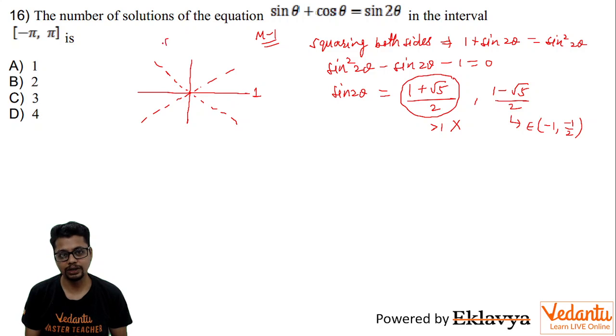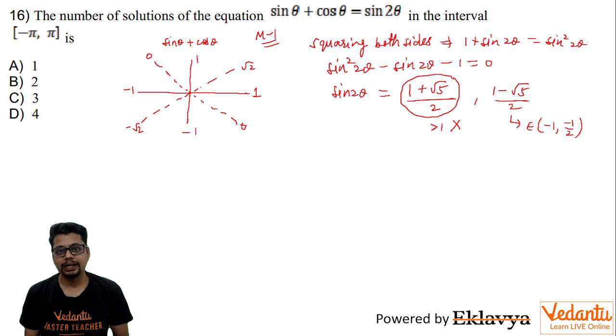At pi by 4, it is root 2, then here it is 1, and we are increasing the angles by 45 degrees. Here it will turn out to be 0, because sin theta would be 1 by root 2 and cos theta would be minus 1 by root 2. Here it becomes minus 1, minus root 2, minus 1, 0 and 1.